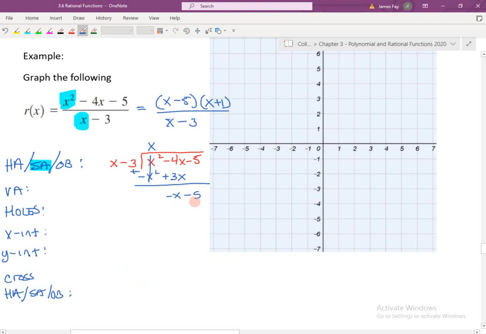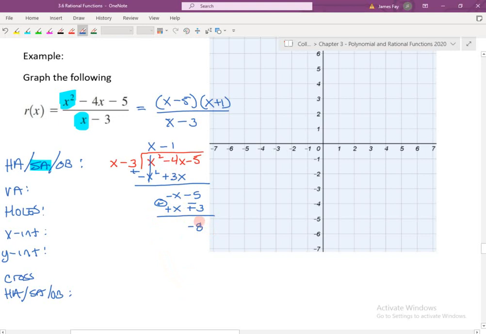That creates negative x, and I bring my negative 5 down. Now what goes in the next spot? I multiply by negative 1, so negative 1 times x gives me negative x. Negative 1 times negative 3 gives me positive 3. I negate those, and then add straight down. That gives me negative 8, right?